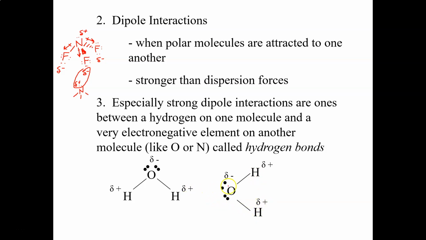Well, there's going to be an attraction between the hydrogen and oxygen of these two. And since oxygen is very electronegative and hydrogen is not, there is a big difference in electronegativities, even though they're in separate molecules. And so there is an attraction that we call a hydrogen bond.